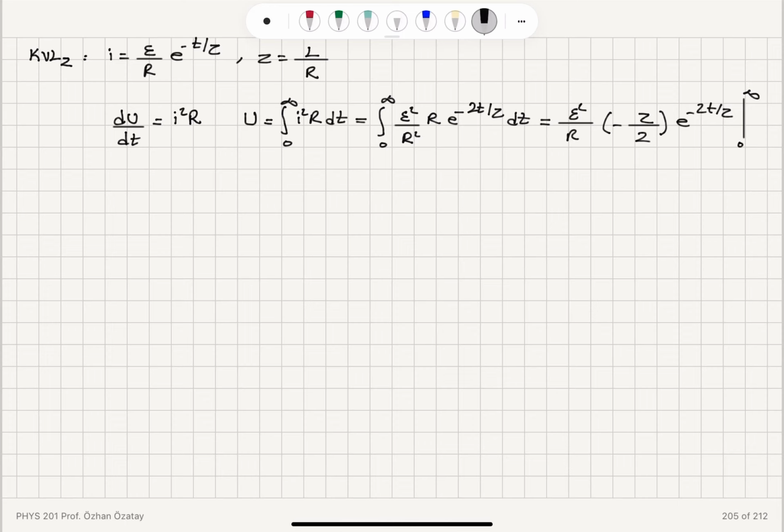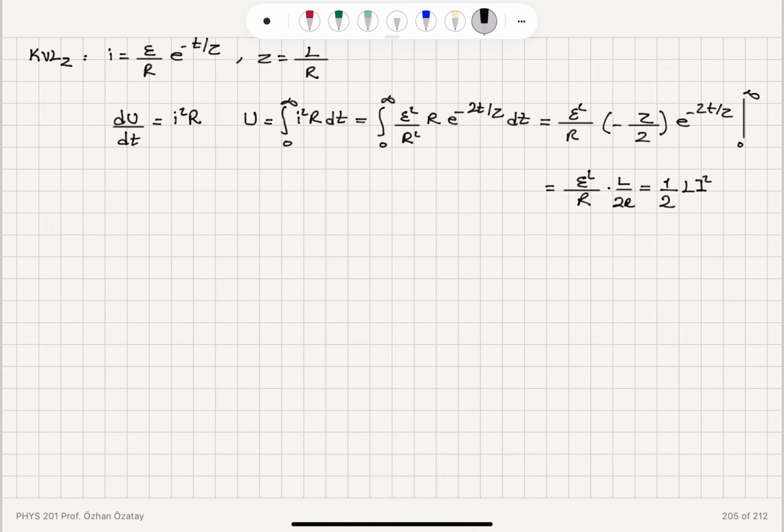So this will be equal to epsilon square over R multiplied by L over 2R, and this will give me epsilon square over R square, which is the current. So this will be 1 over 2 L I square.